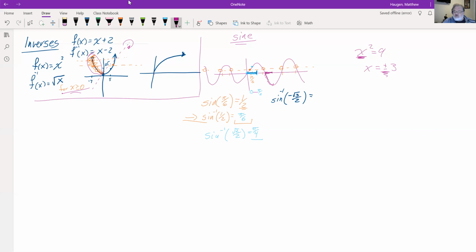We could define it from 0 to pi over 2 unioned with from pi to 3 pi over 2. That would totally work. But I don't want to do that.